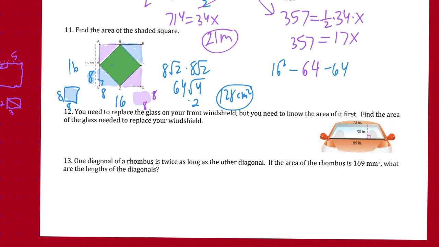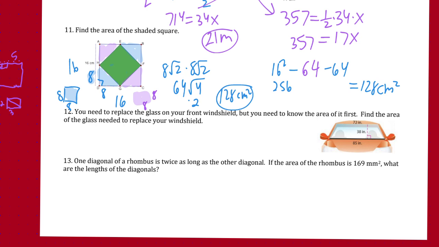Well, guess what? This is 256. And if you subtract off 64 twice, guess what you get? 128 centimeters squared. So there's a couple ways to think about this. Take the big square and minus off the little white parts, or you could figure out the dimensions of the green square and then find the area of that green square.